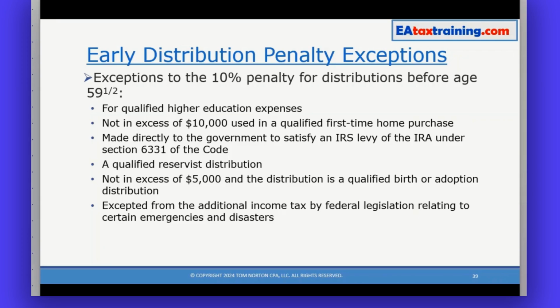And a distribution that is excepted from the additional income tax by federal legislation relating to certain emergencies and disasters. So sometimes there will be a national emergency or disaster, and the IRS will come out and just announce that the 10% penalty for distributions will not apply for the people that are affected by that emergency or disaster.